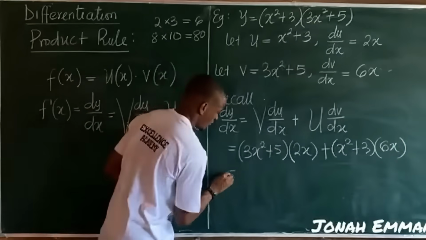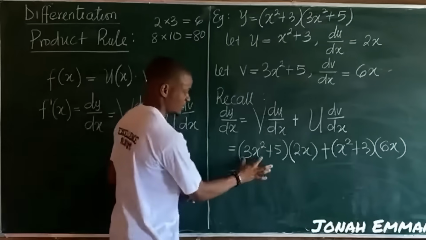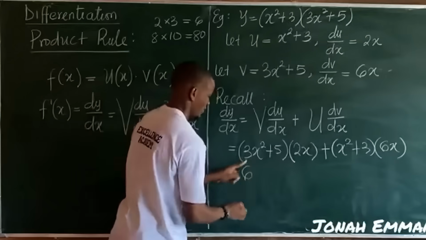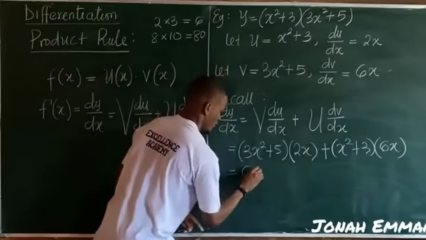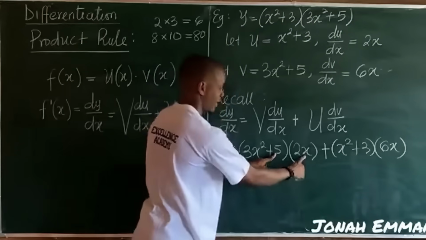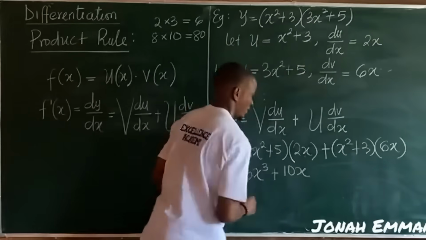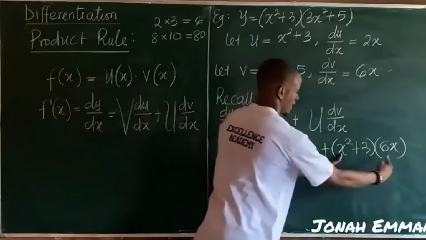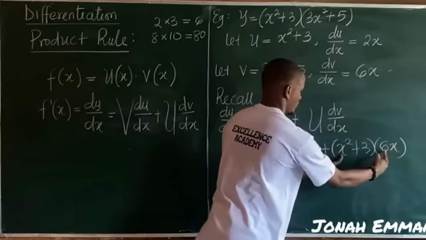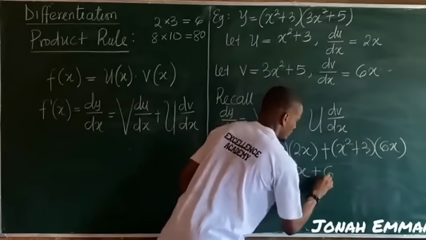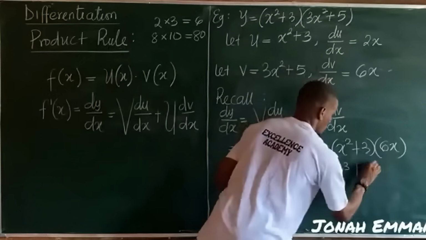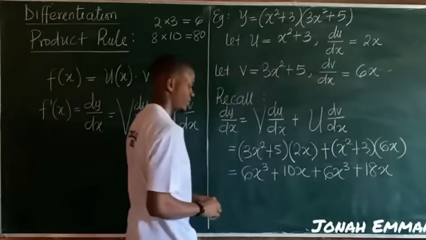At this point, I will now expand the bracket. So it becomes this times this. Having 3 times 2 gives you 6, x squared times x gives you x cubed, plus this times this, 5 times 2x gives you 10x, plus this and this. So 6x squared times 6x gives you 6x cubed, plus 3 times 6x gives you 18x. All right, so I have this.